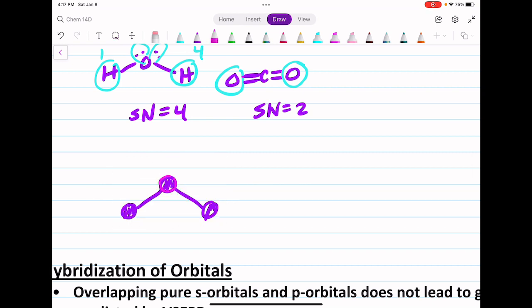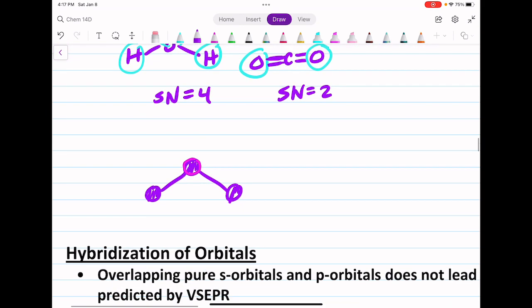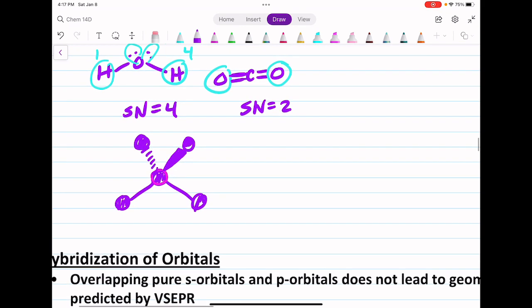Circle that in pink so it looks a little different. So you have these 2 pointed slightly down off to the right and off to the left. And then basically what you have is something coming forward out at us, and then we have this other one going back into the plane like this. So that's our tetrahedral structure that separates all of these bonds by bond angles of approximately 109.5.